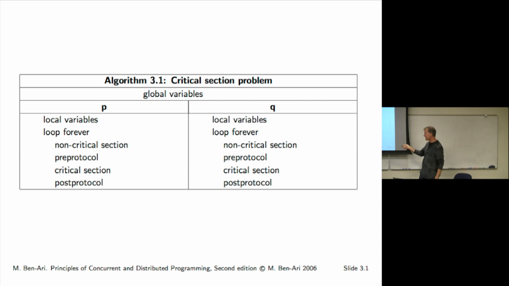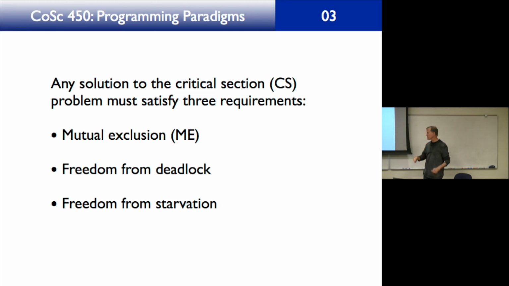The only way that can happen is if P is in its critical section, then Q cannot be in its critical section. Because these critical sections are going to modify this global variable, the number of seats remaining in the plane, or n. Is everybody with me on that? So mutual exclusion means they cannot both be in their critical section at the same time.